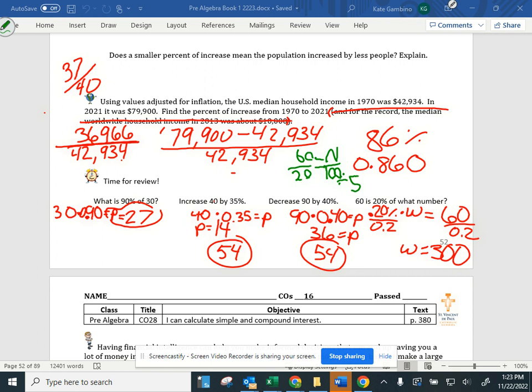So I multiply this by 5, and then I got 300. So what I'm seeing is you multiplied by 20, because multiply by 20, divide by 20 cancels out.